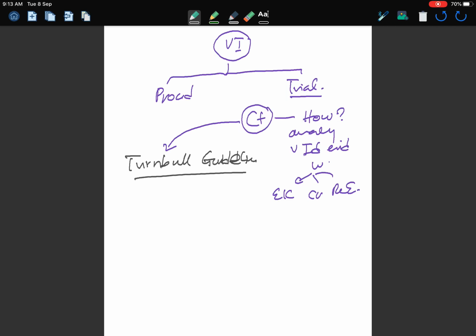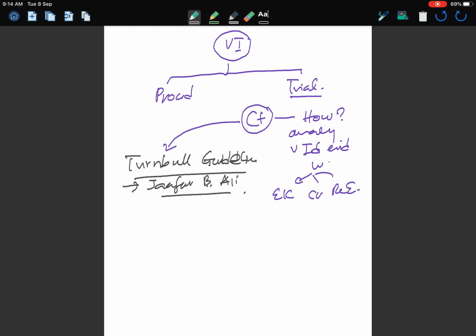Now, the Turnbull guideline here comes from the common law case of R v Turnbull, whereby this guideline is guiding the judge as to how he should analyze the evidence of the eyewitness in coming to a conclusion whether the evidence is of good quality or poor quality.